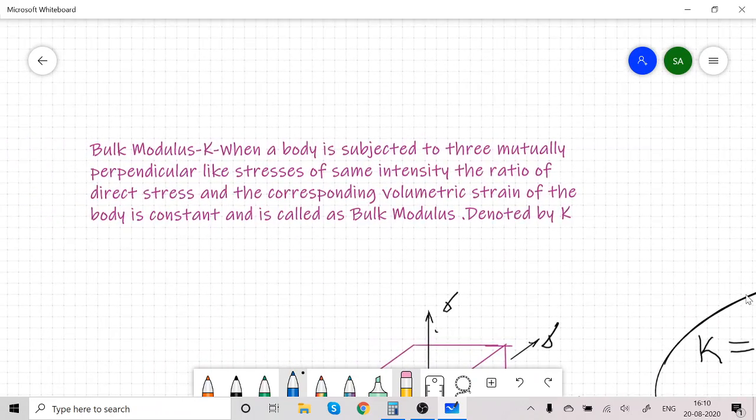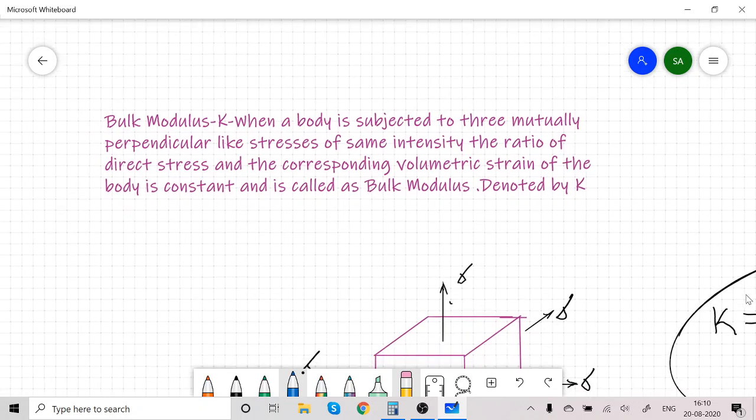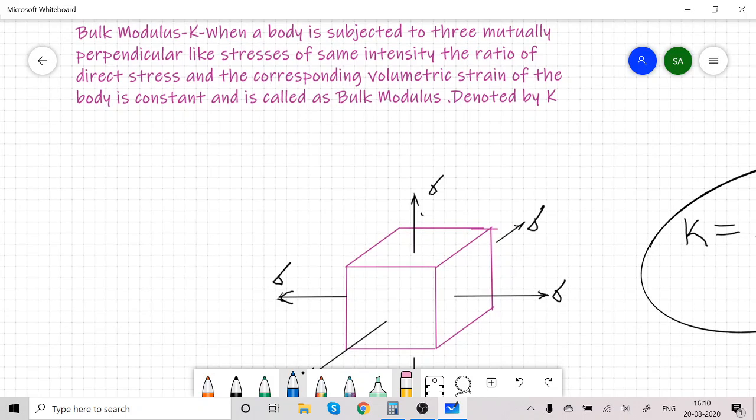Now let us see bulk modulus K. It is denoted by K. When a body is subjected to three mutually perpendicular like stresses of same intensity, remember it is important, same intensity. And what do we mean by like?